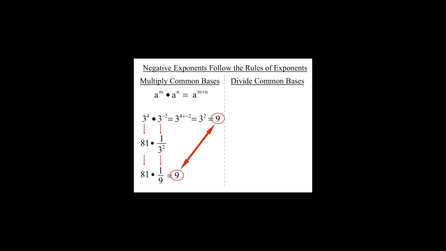When dividing common bases with negative exponents, remember we subtract. So I take the top and subtract the bottom is the shortcut. So the top is negative 2 minus the bottom is the 3rd power. So the shortcut would be 7 to the negative 5th power.